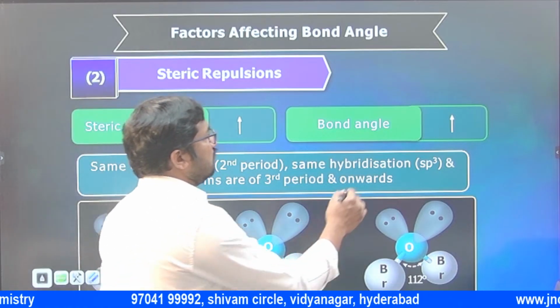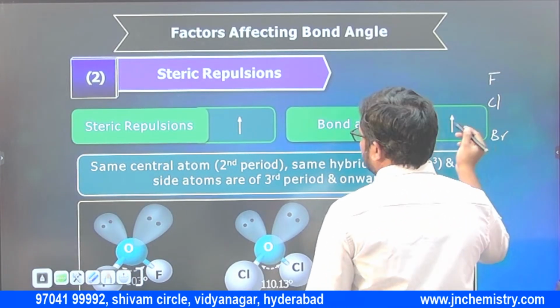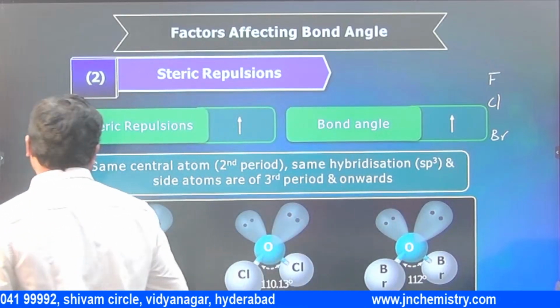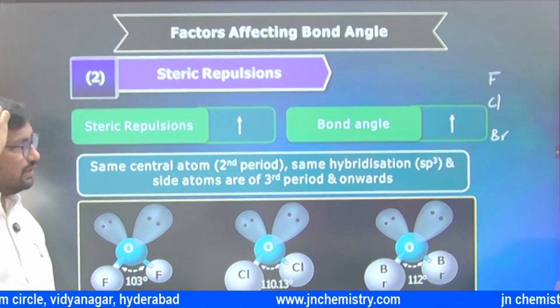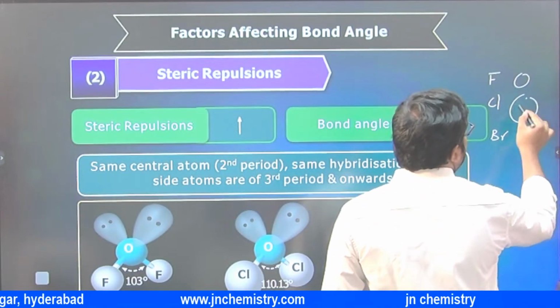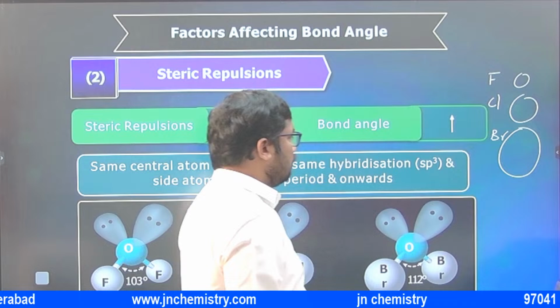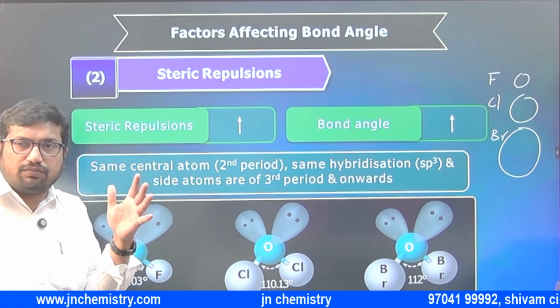Chlorine, bromine, by default it is indicating this. If the size is increasing from top to bottom, what exactly happens? Size is increasing. Bromine size is more. Steric repulsions: what do steric repulsions mean? If the size is more, there is bulkiness.